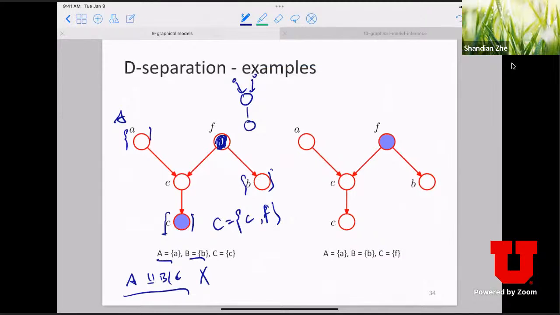I mean, now I'm enlarging the set C. So I'm including not only the small node C here, but also the F node. That means both C and F are observed.